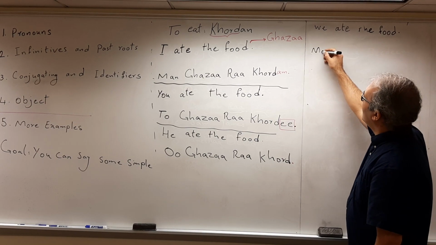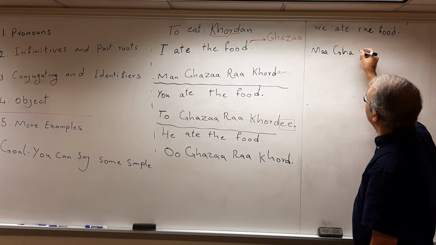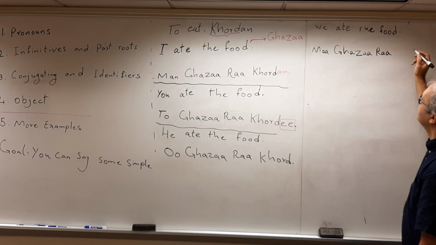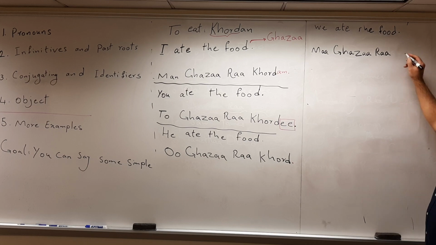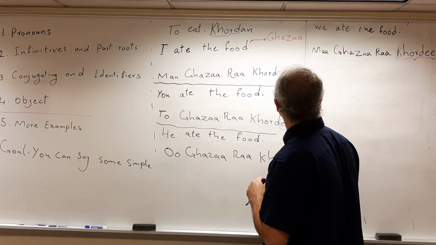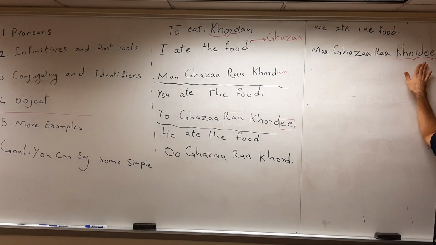We ما غذا را خوردیم. Khord is the root, and im is the identifier for we, for ما. ما غذا را خوردیم.